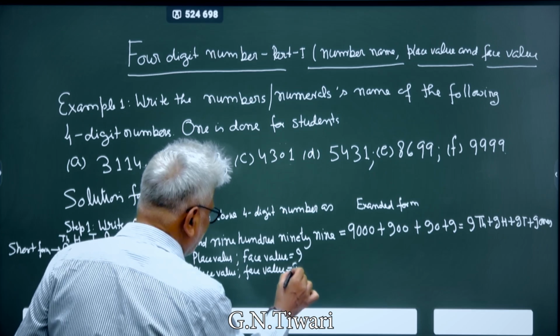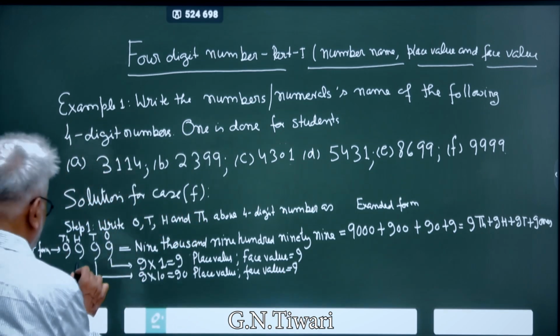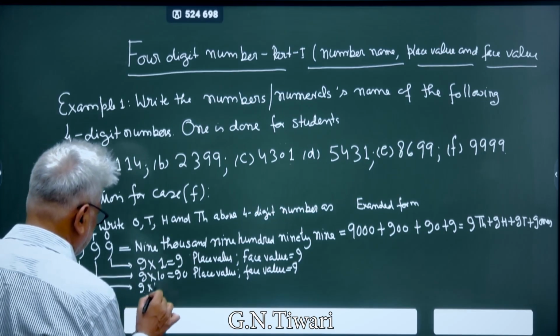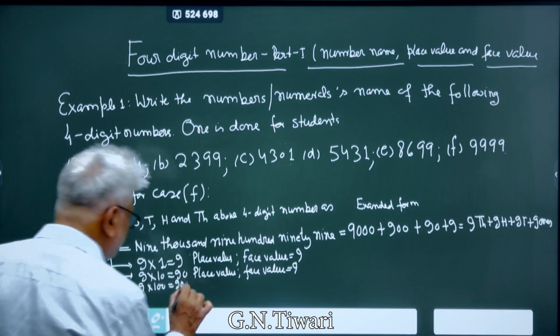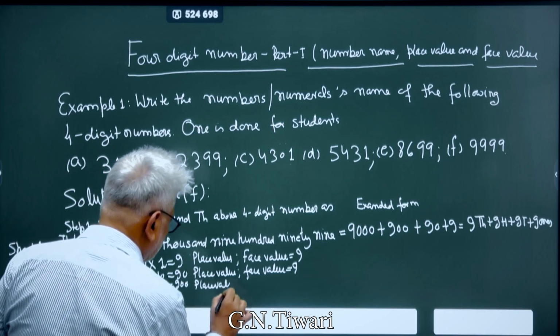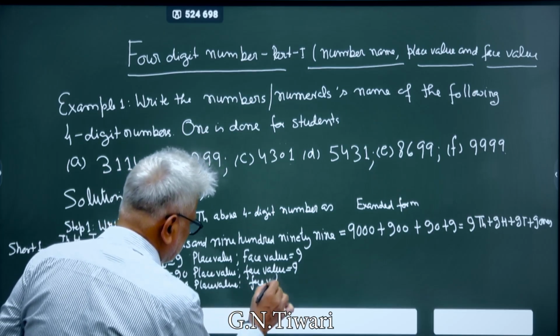Face value always determines the digit at that place. This 9 into 100 is equal to 900. This is the place value, and face value is exactly 9.